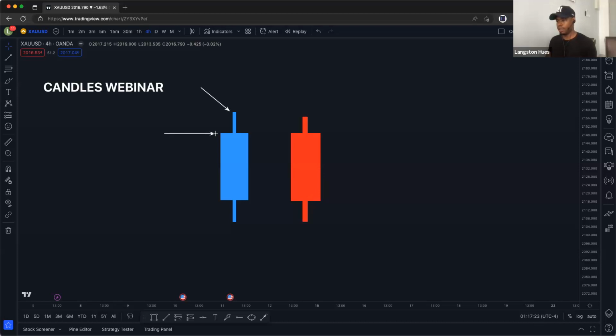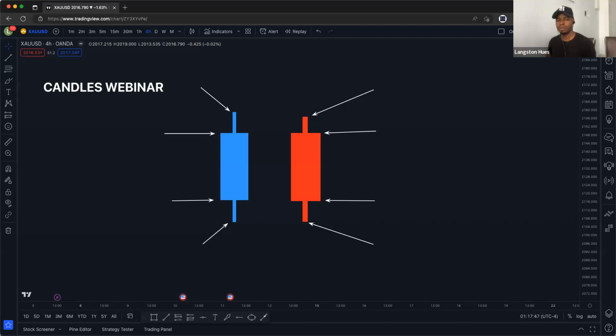This is a portion of the candle. This is also another portion of the candle. And this is another component of the candle. Likewise for bearish, this is a portion of the candle. This is a portion of the candle. This is another portion of the candle. And this is a final component of the candle. So what are these, right?